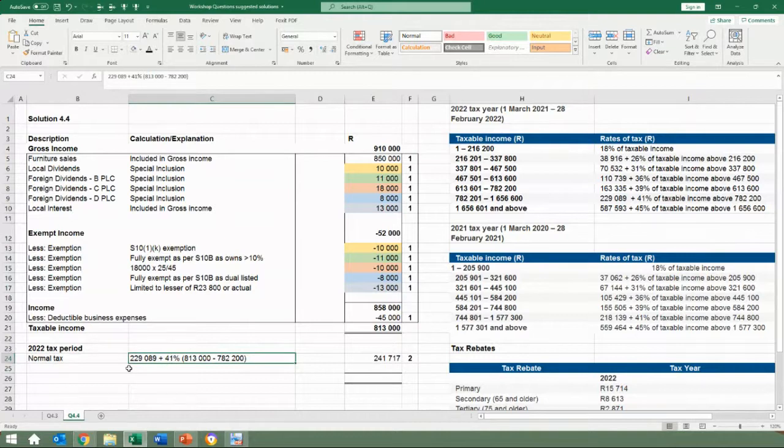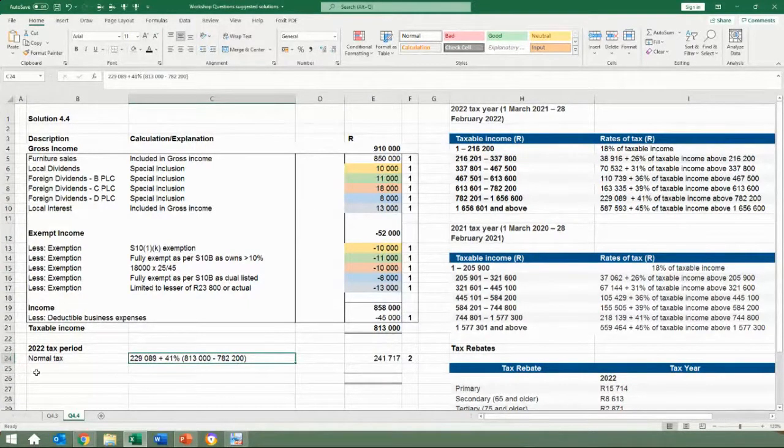That is why it's important to show your calculations so that we can still give you method marks even though you made mistakes. So you put the tax that we would have paid up to 782,200 at the front. You add 41% of the difference between our amount and the upper limit of the previous line item.